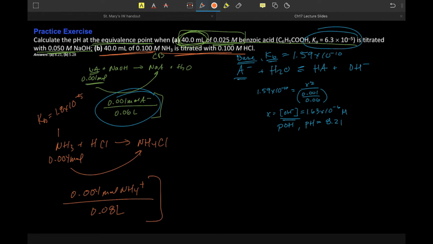Okay, so now we're going to take my ammonium and we're going to write down what that does with water, right? So ammonium is a weak acid, which means that that is going to undergo this. It's going to form that plus NH3, right? Deprotonate it, right?